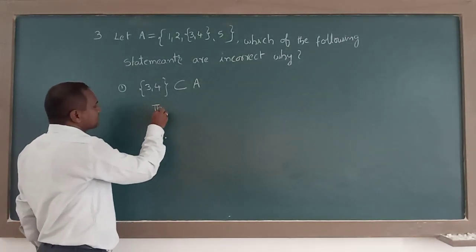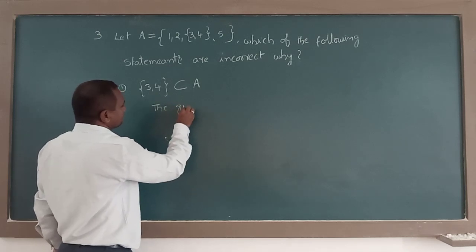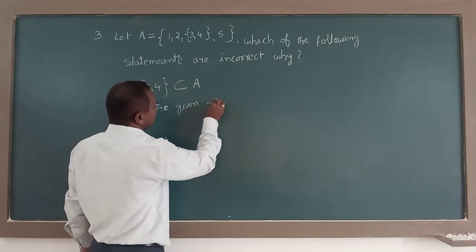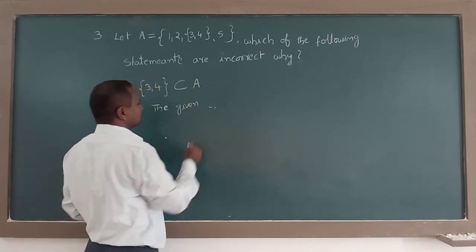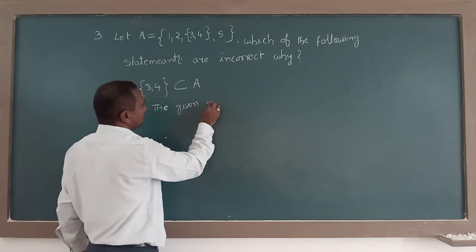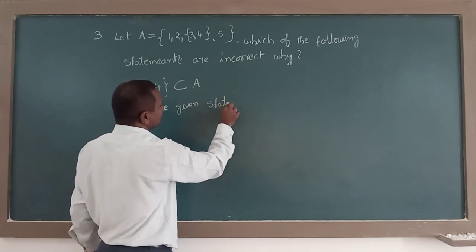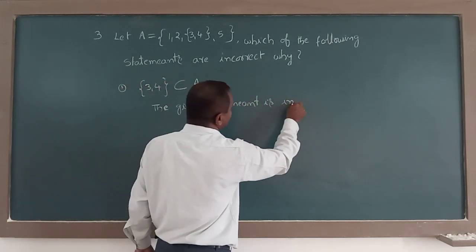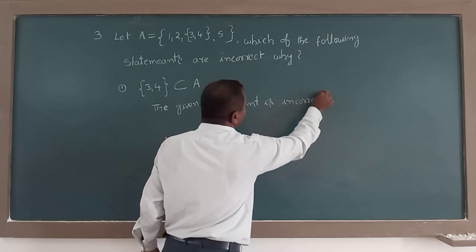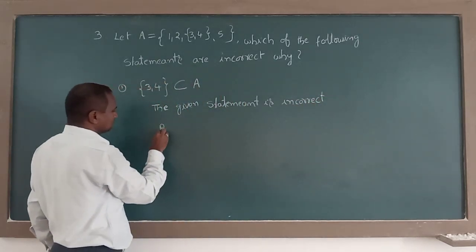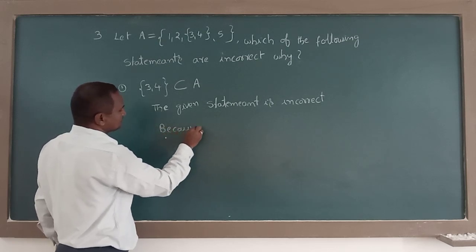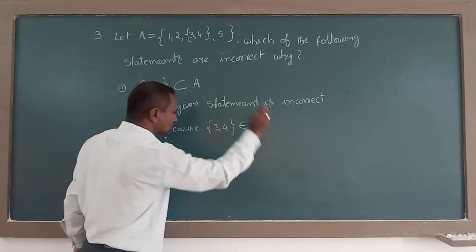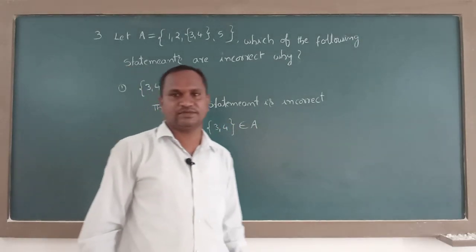The given statement is incorrect. Because the set of the elements 3, 4 belongs to A. Belongs to A means it's an element, but it's not a subset.